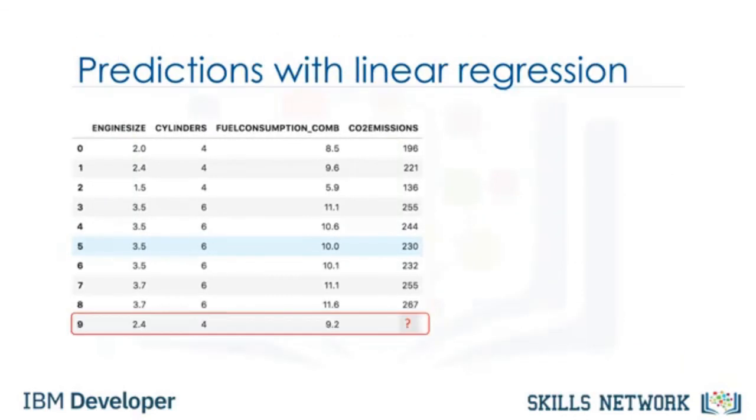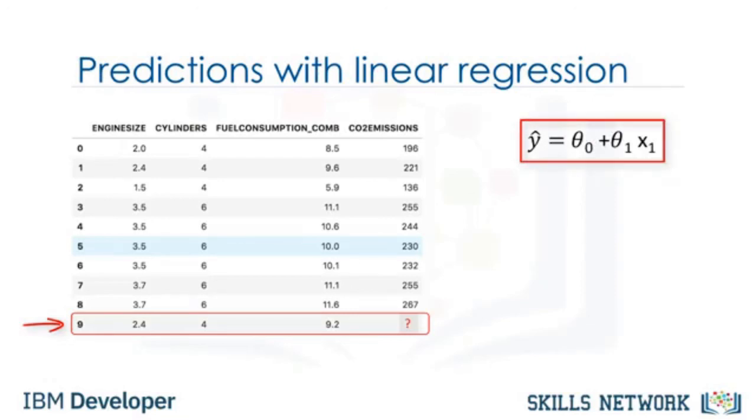Imagine we are predicting CO2 emission or y from engine size or x for the automobile in record number 9. Our linear regression model representation for this problem would be y hat equals theta 0 plus theta 1 x1. Or if we map it to our data set, it would be CO2 emission equals theta 0 plus theta 1 engine size.